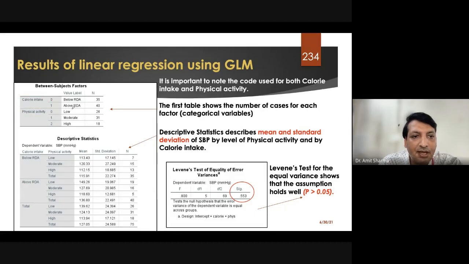We are comparing that if I am doing low physical activity and I change from low to moderate, how much systolic blood pressure is going to decrease. And if I switch from low to high, how much systolic blood pressure is going to reduce. This we are trying to find out by the parameter estimate table.